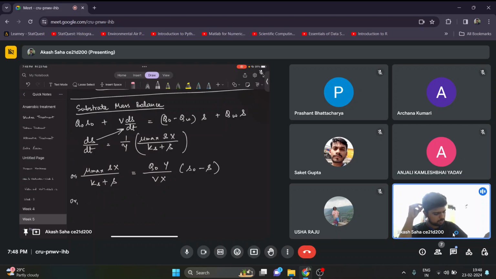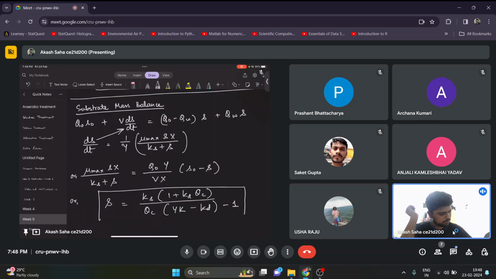And on further solving, the final effluent S, I can write as Ks into 1 plus Kd theta C, divided by theta C Y K minus Kd minus 1. So this is another equation that we will get.